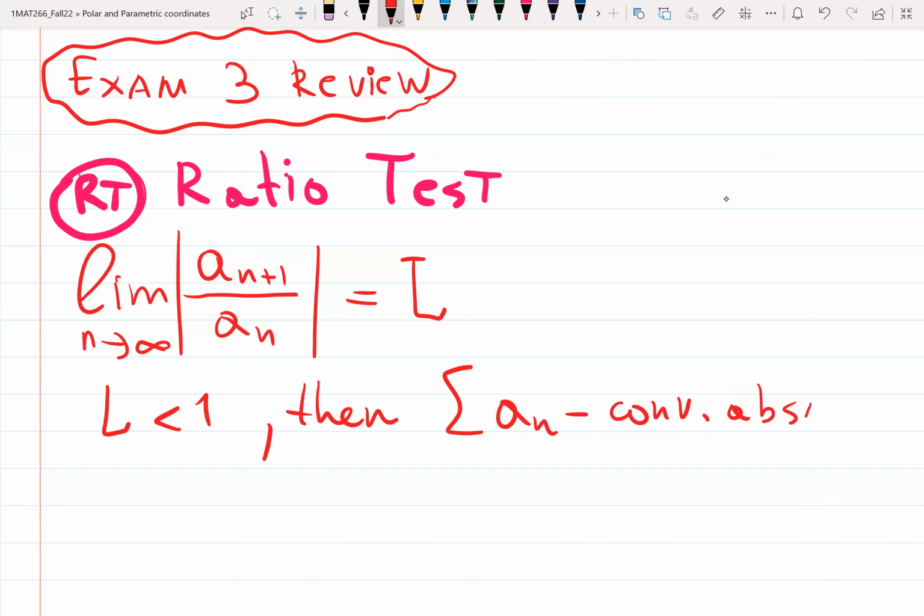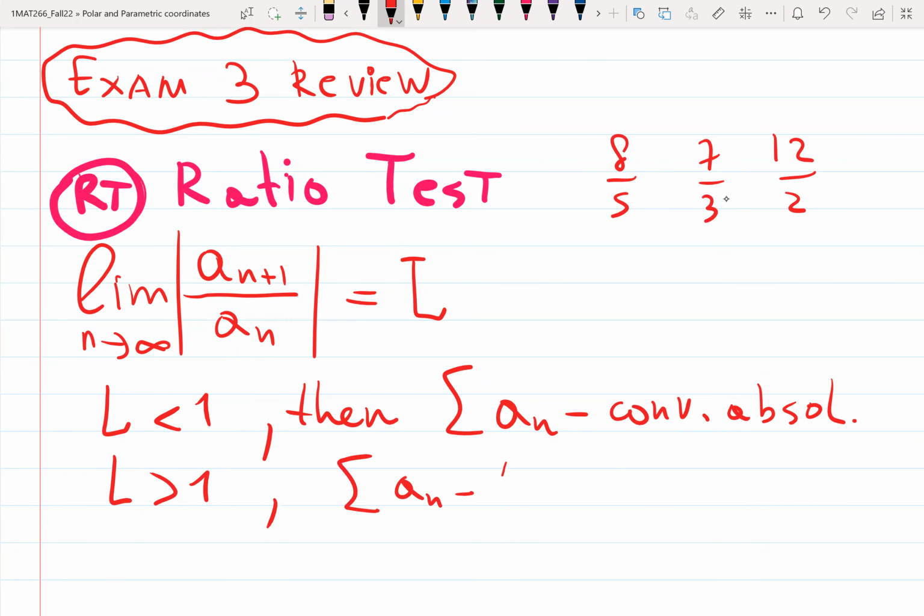Converges absolutely. If it's greater than 1, that means the ratio is getting bigger and bigger. What is greater than 1? It's 8 over 5, 7 over 3, 12 over 2. It's getting bigger and bigger. Well, duh, that means it blows up, which means diverges, including infinity.